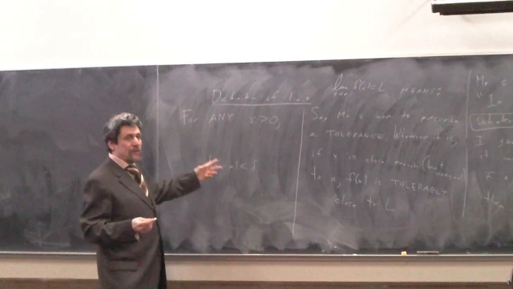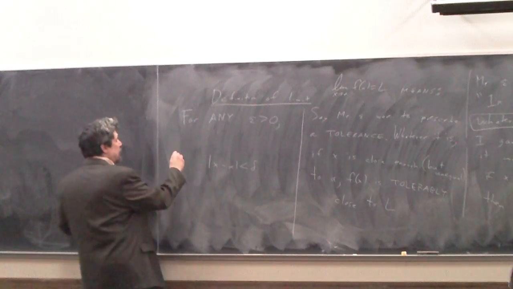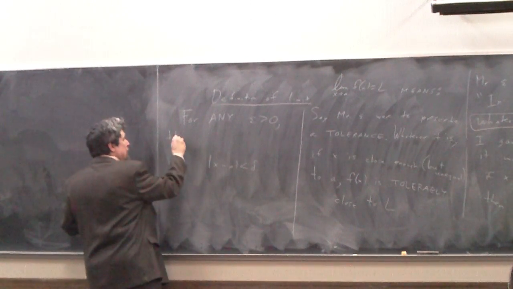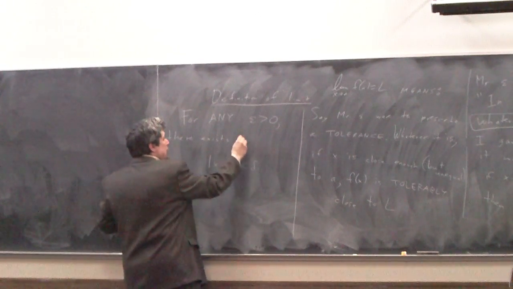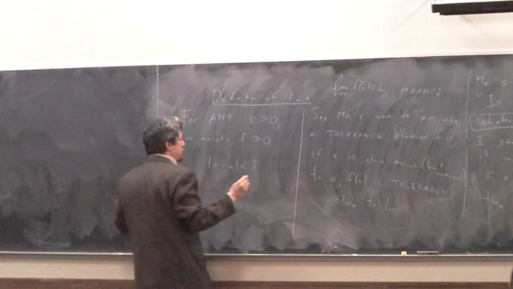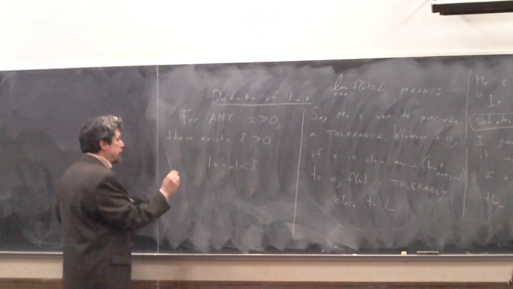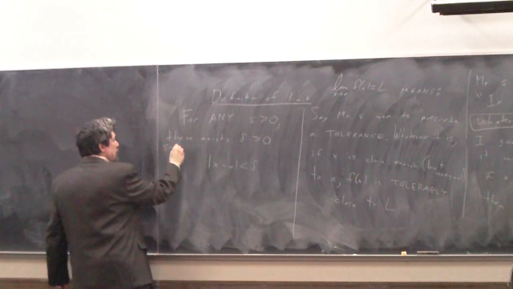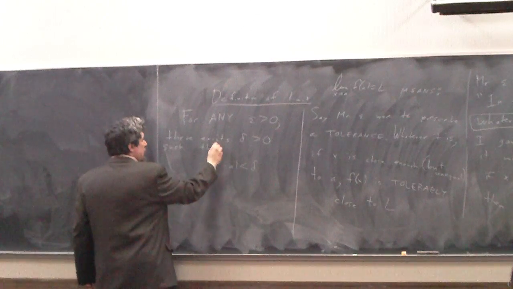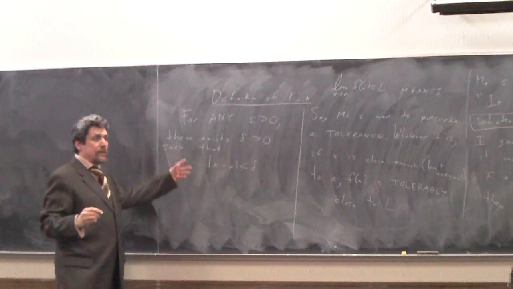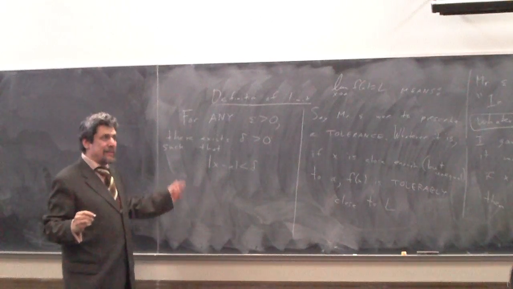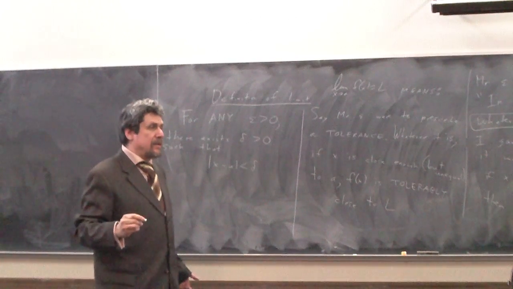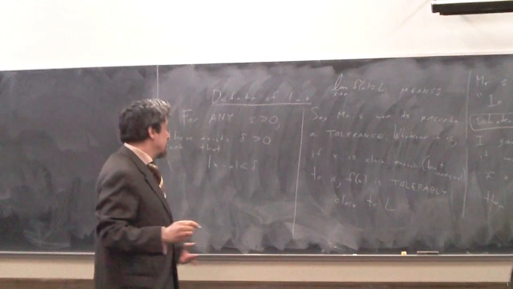There's some delta. There exists delta greater than 0 such that, what? The absolute value of x minus a.